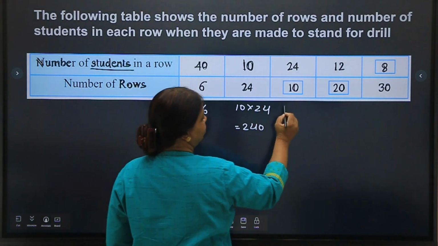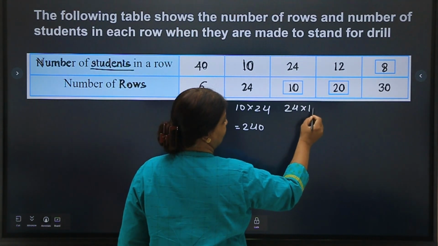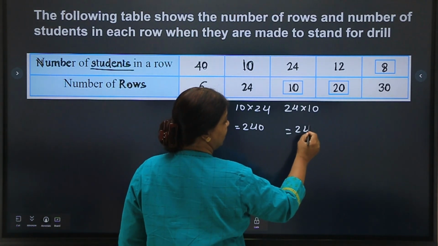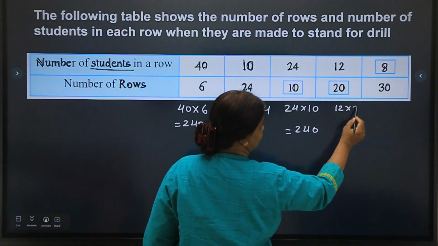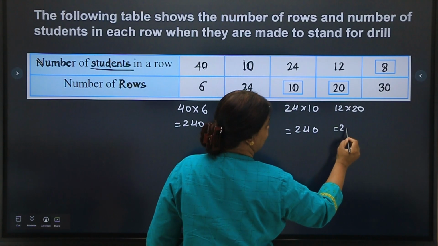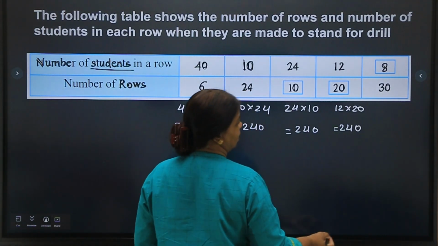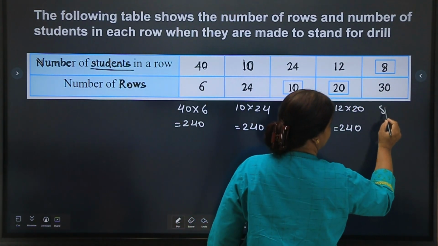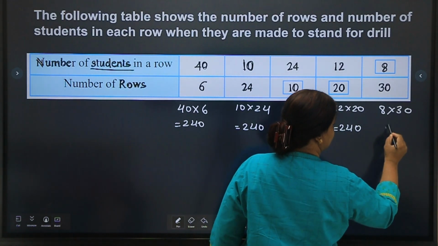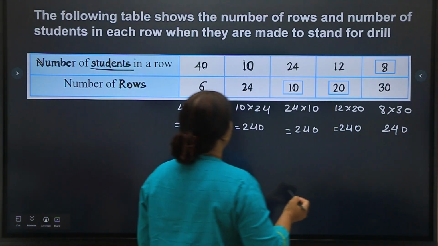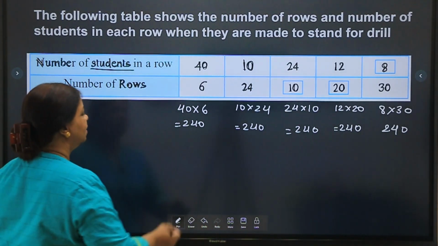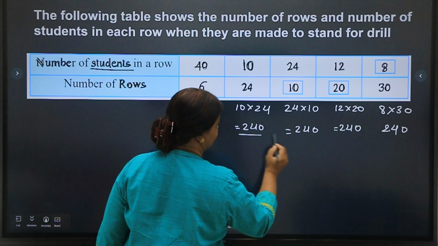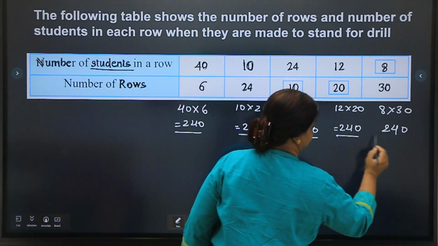Then 24 into 10, again 240. 12 twos are 24, that is again 240. 8 threes are 24, that is again 240. So when we multiply these two values, the values which I am getting are the same.